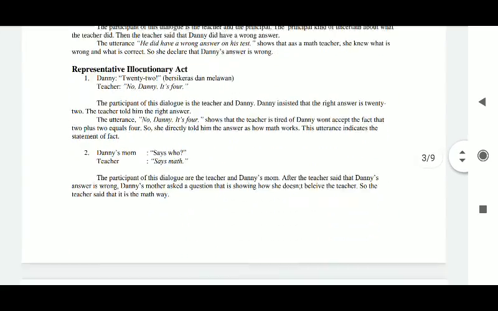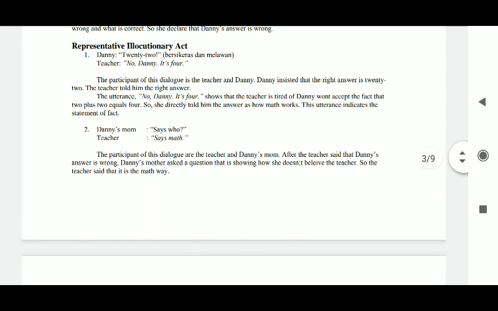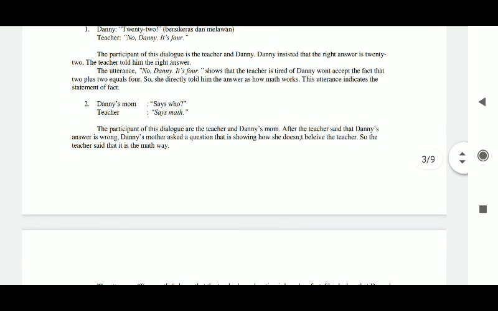We move to representative illocutionary act. Number 1, Danny: "22." The teacher: "No, Danny, it's 4." The participants of this dialogue are the teacher and Danny. Danny insisted that the right answer is 22. The teacher told him the right answer. The utterance "No Danny, it's 4" shows that the teacher is tired of Danny not accepting the fact that 2 plus 2 equals 4.